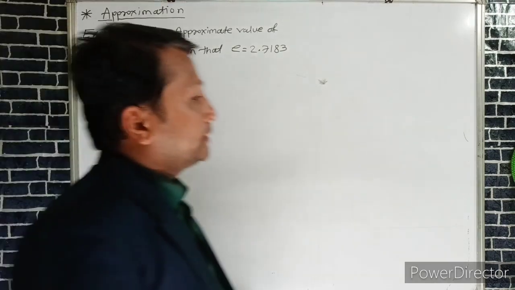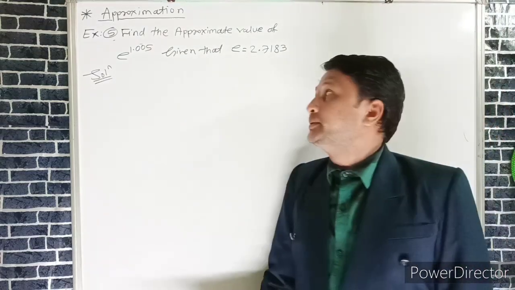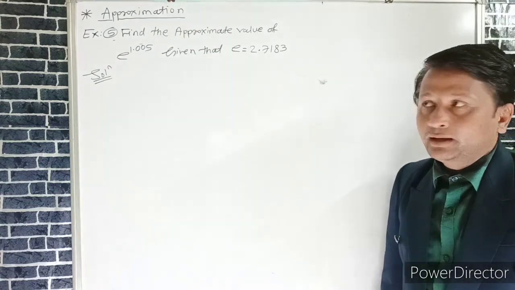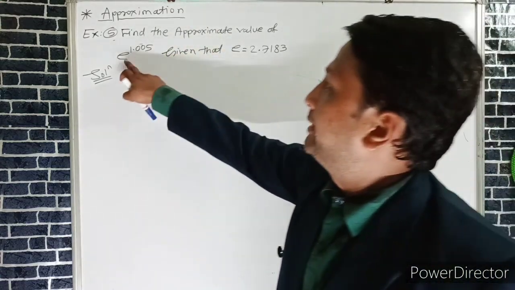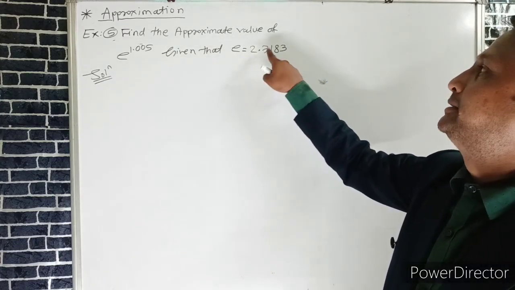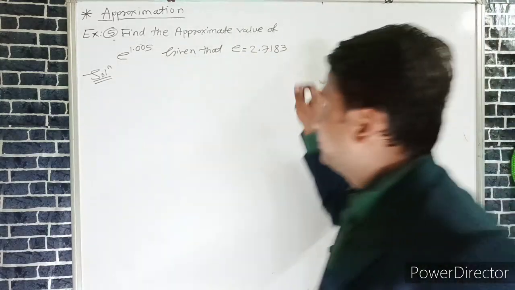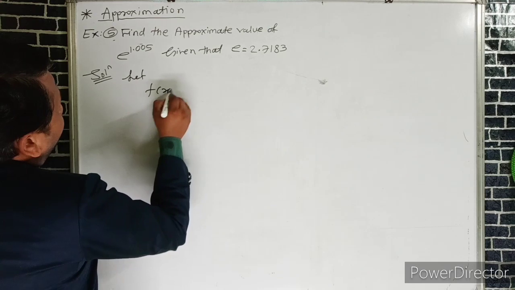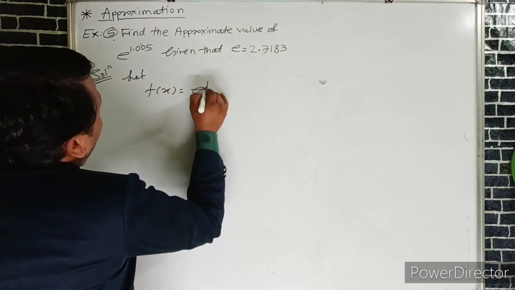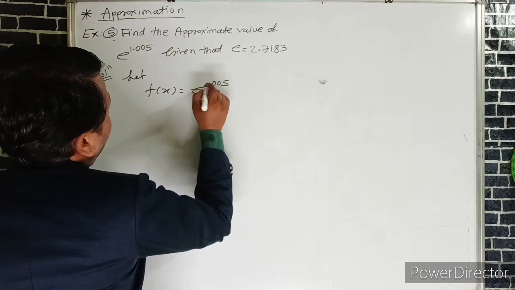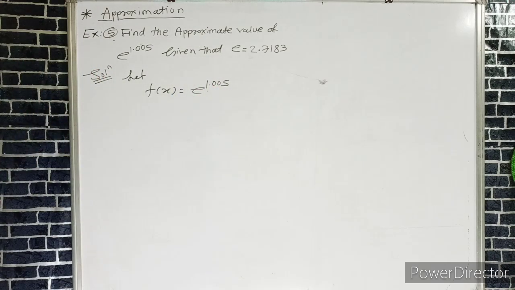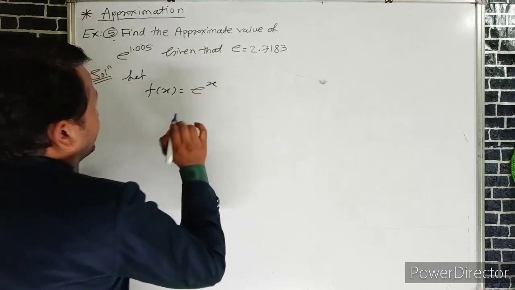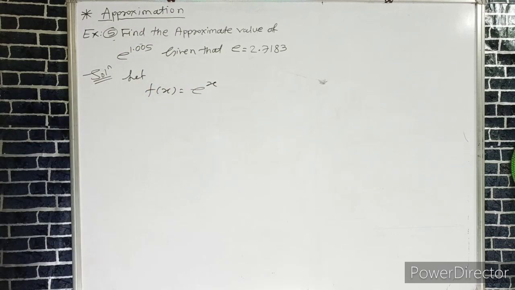So the next example, number 5. Here again we have to find the approximate value of e raised to the power 1.005, and it is given that the value of e is 2.7183. First we consider the function f of x is equal to e to the power x, hence the value of x is 1.005.